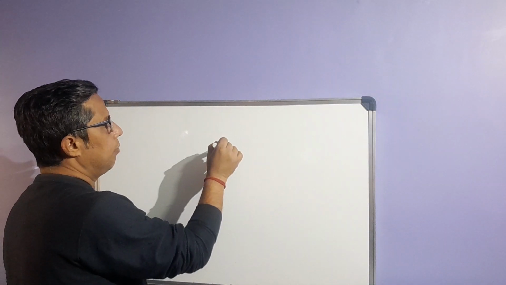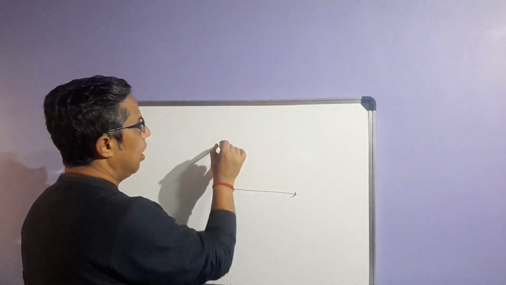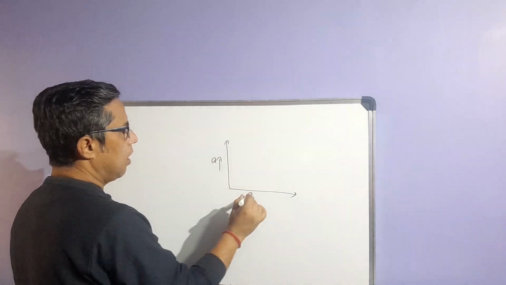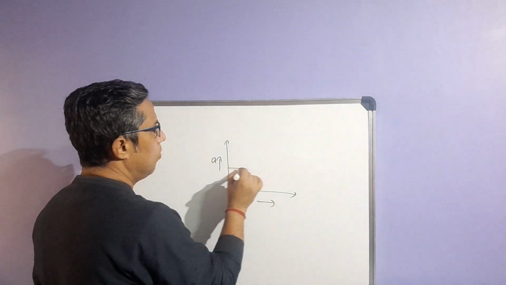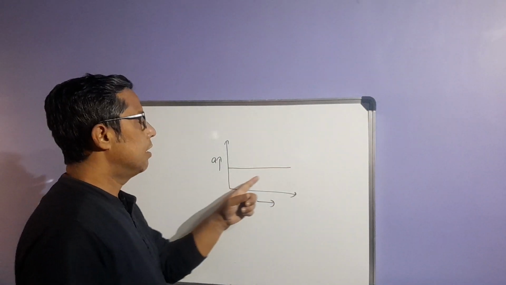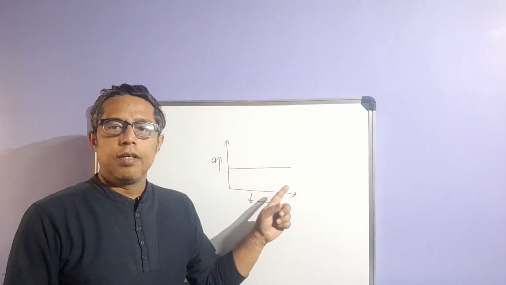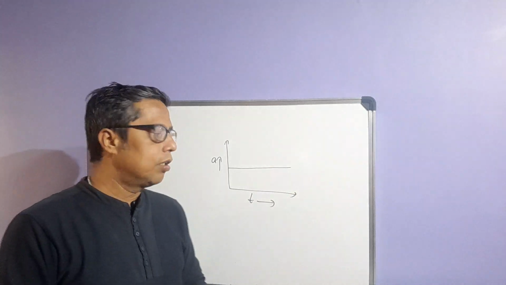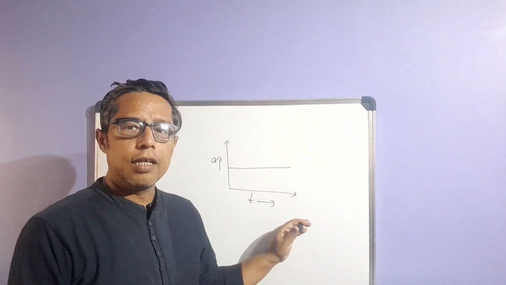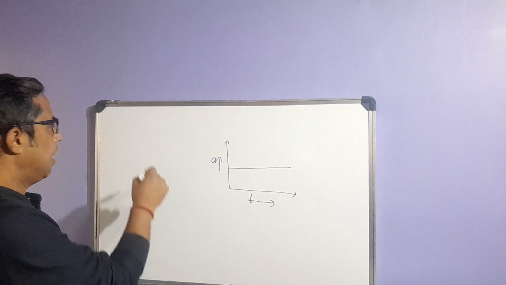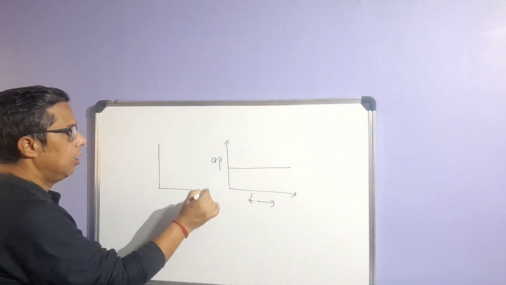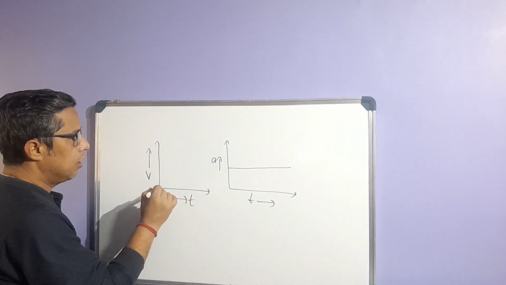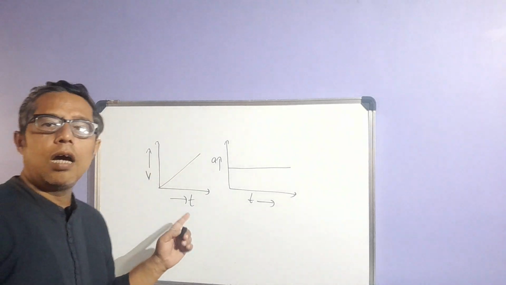Now next is uniform velocity. What will be the graph? If you take acceleration on the y-axis and time t on the x-axis, this will be the graph showing that acceleration is not changing with time. Constant acceleration means velocity is increasing with constant acceleration. Now for uniform acceleration, if v is on the y-axis and t on the x-axis, the vt graph will be a straight line.